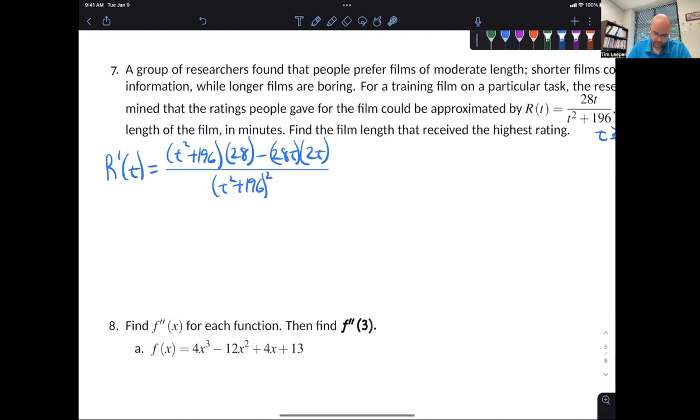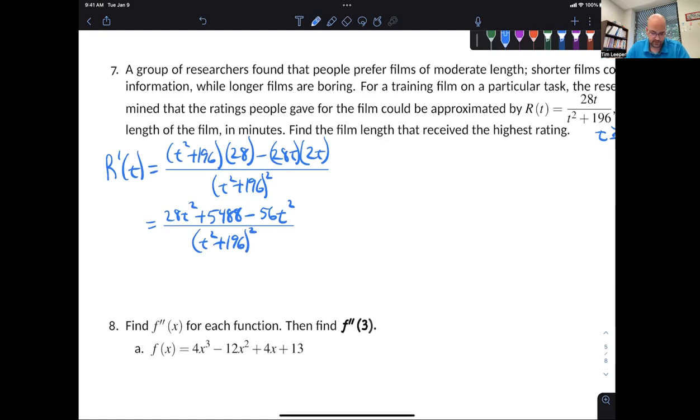Distribute the 28 there. So that means 28t² plus whatever 196 times 28 is, which is 5488, minus 28 times 2 is 56, and then t times t is t². Then all over (t² + 196)².